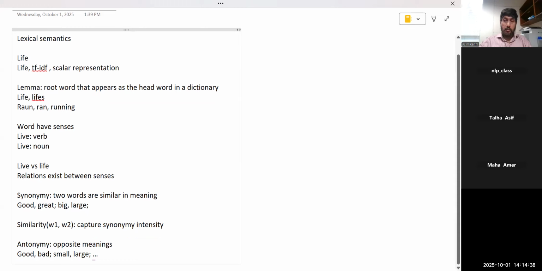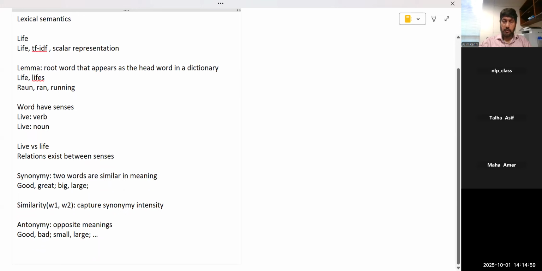Okay. So can we use similarity to maybe represent antonymy? Perhaps yes. Maybe low similarity, you can say it's not very similar. It may be opposite, but that is not always the case because words may have other relationships as well.